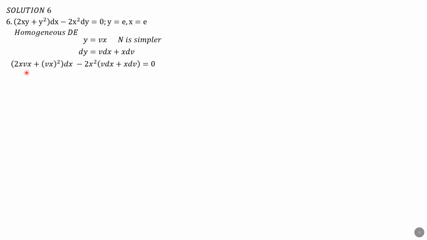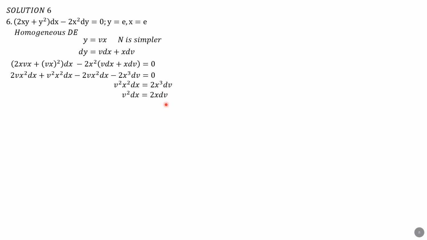Simplifying further, this is 2vx squared dx plus v squared x squared dx minus 2vx squared dx minus 2x cubed dv equals 0. So we have like terms to be cancelled, and simplifying, this is v squared x squared dx equals 2x cubed dv. We cancel out x squared, so this is v squared dx equals 2x dv.